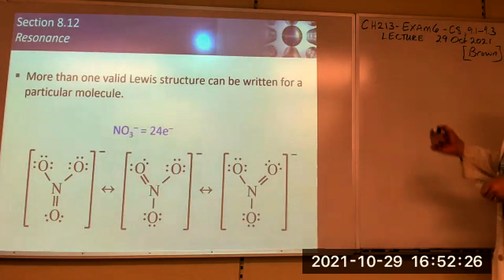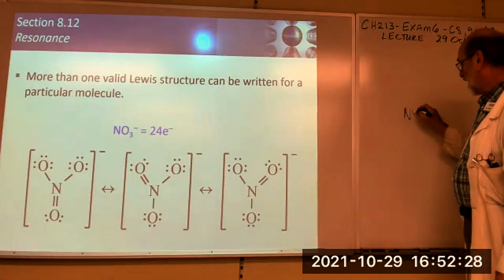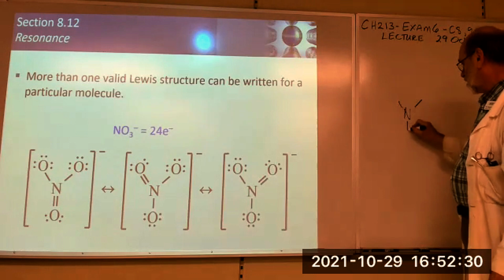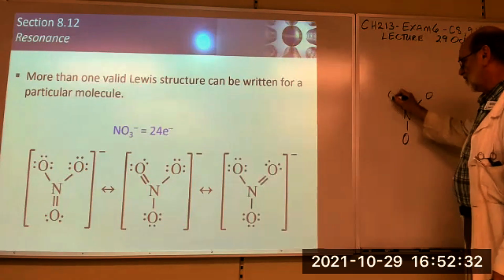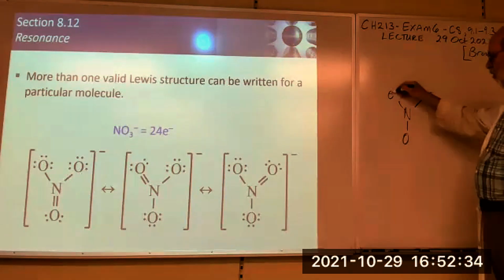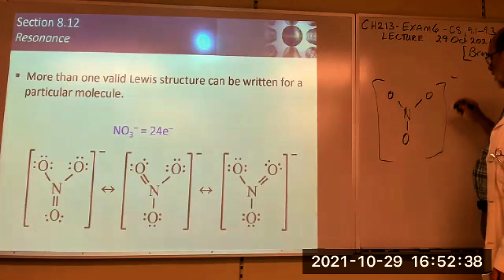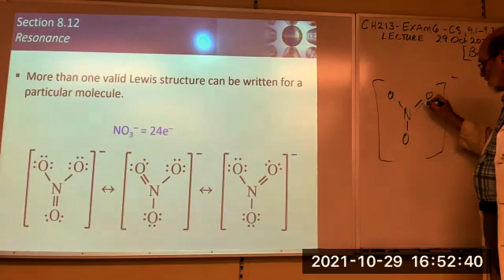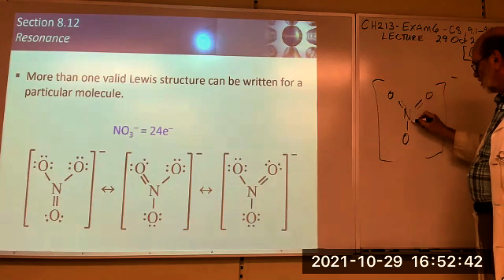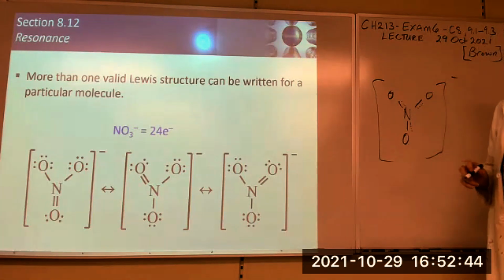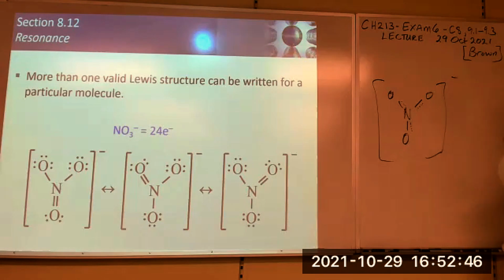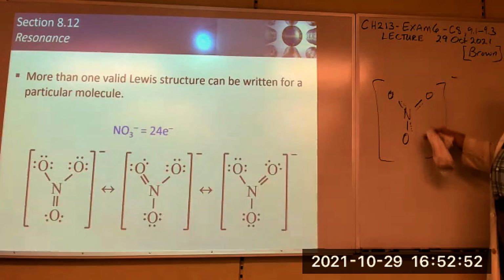Okay. Another way to write that is put nitrogen here, like that. I'm going to leave off the lone pairs. Have a charge. And sometimes we do it like this. Partial double bonds. The problem with that is, if you want to do any reactions with it, there's no way to deal with those.